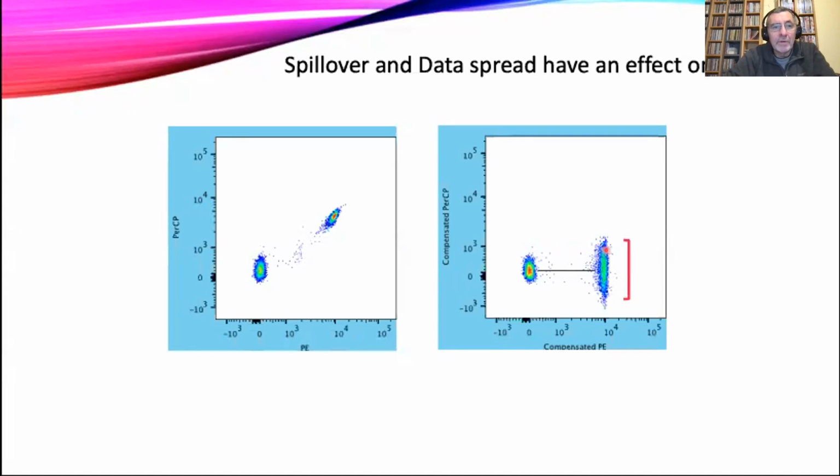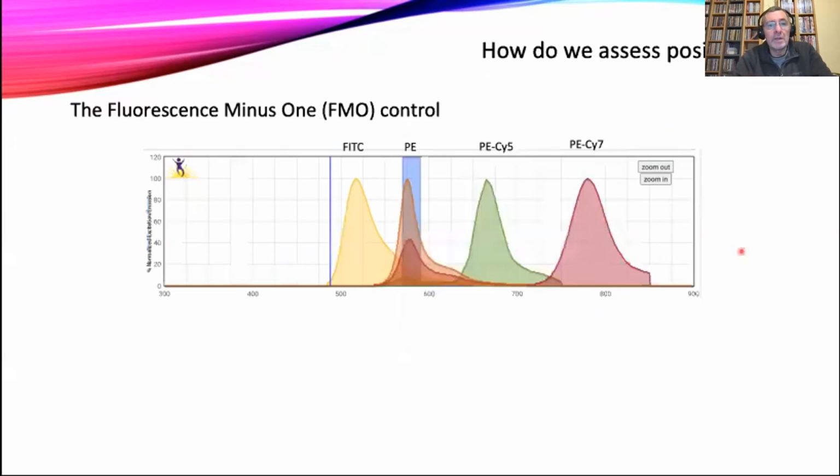And this is something that becomes very important in multicolor experiments, because I want to know how I'm going to define something that's positive in that PerCP channel, or in that double positive channel. And this is where the very important fluorescence minus one, or FMO, control comes in. So we're all familiar with our single color compensation controls, aren't we?